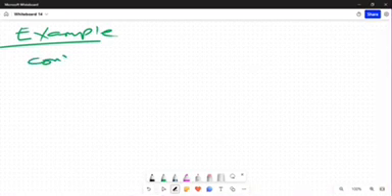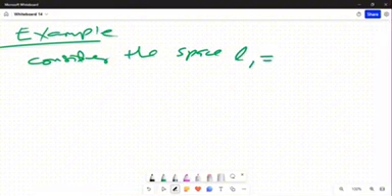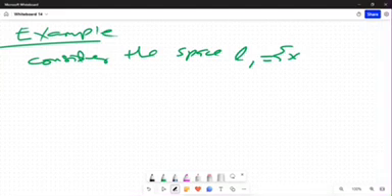Consider the space L1, which is defined as follows: x, which of course is infinite dimensional.